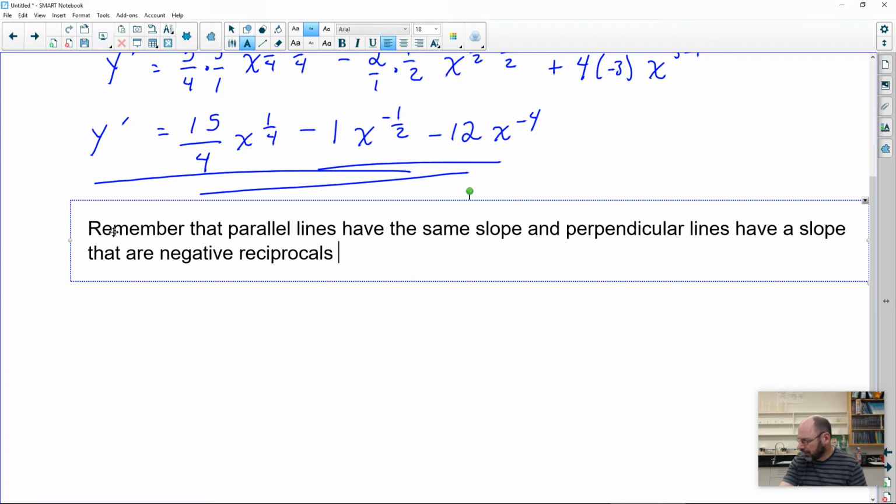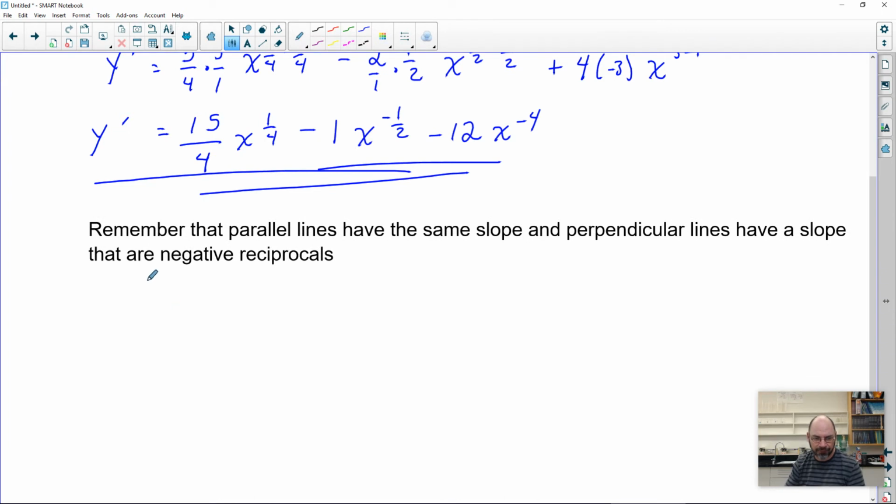Okay, so what does that mean in terms of math here? Parallel lines, I think it's grade 10 when it gets into parallel lines.